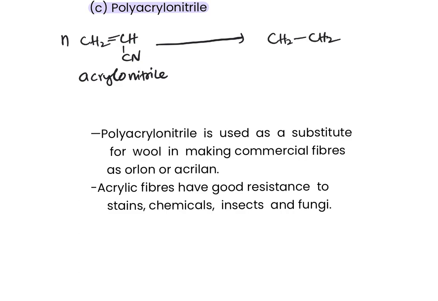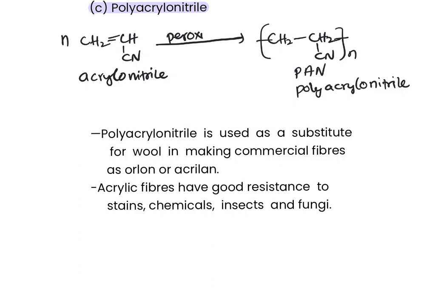How to write the polymer structure? Remove the pi bond, put single bonds on the left and right, and take n. This is called PAN. PAN means polyacrylonitrile. This can be polymerized in the presence of a peroxide catalyst.